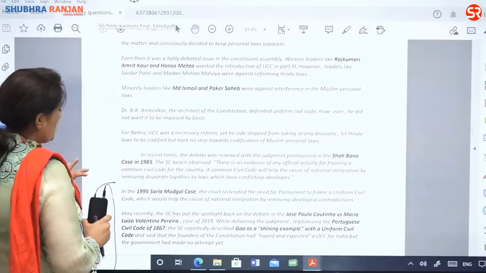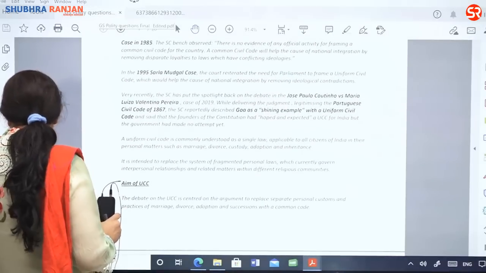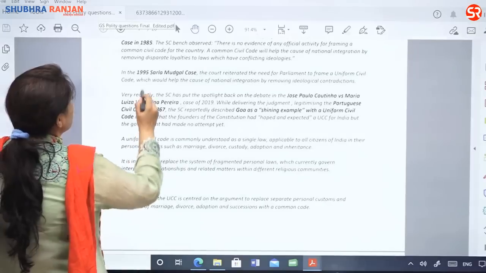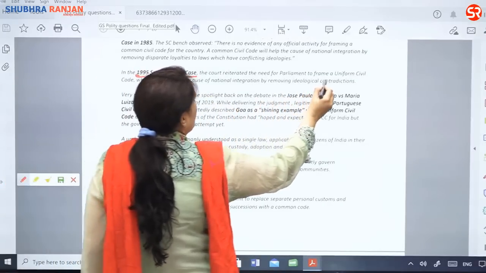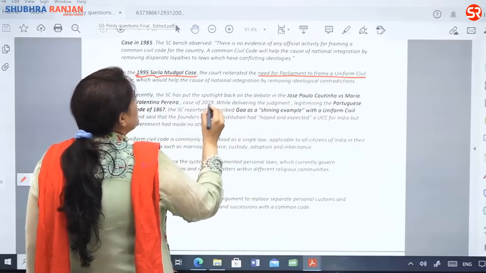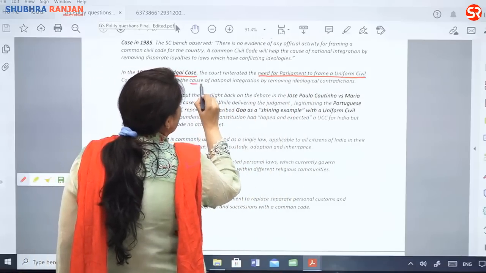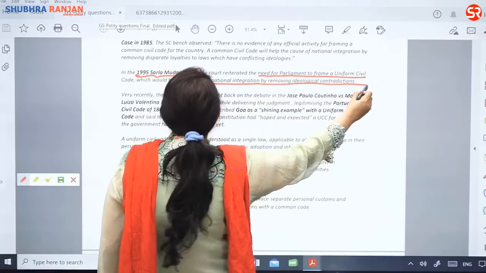Next, at least in polity questions, you should write some prominent judgments. In the Sarla Mudgal case, the court reiterated the need for Parliament to frame a uniform civil code, which would help the cause of national integration by removing ideological contradictions.